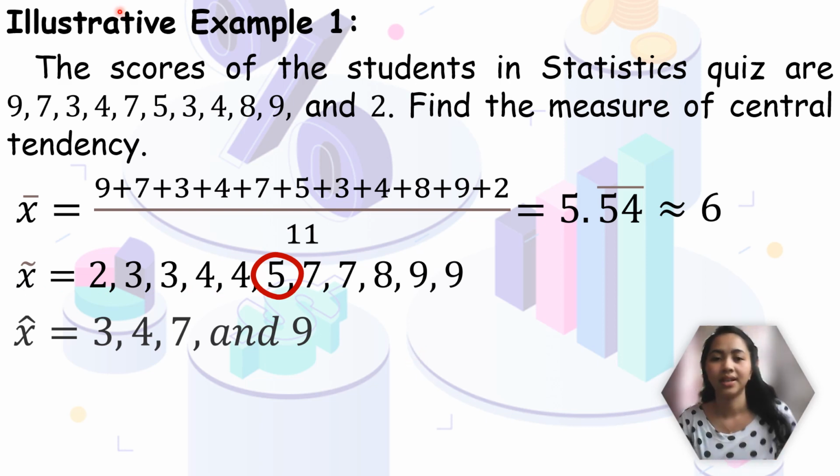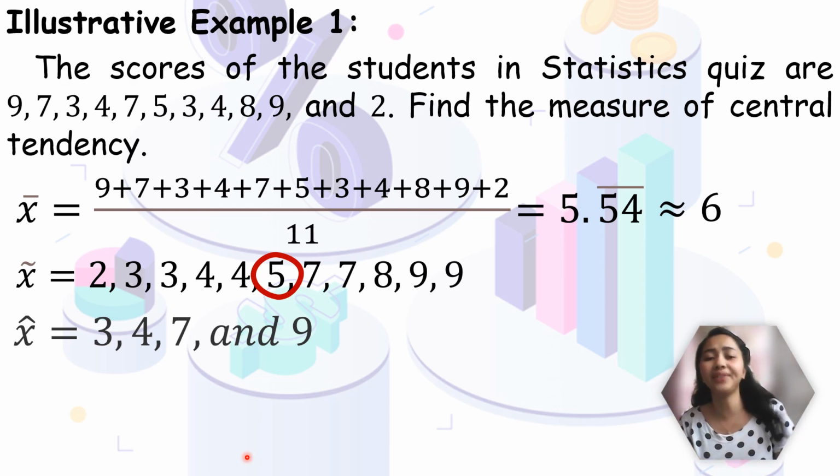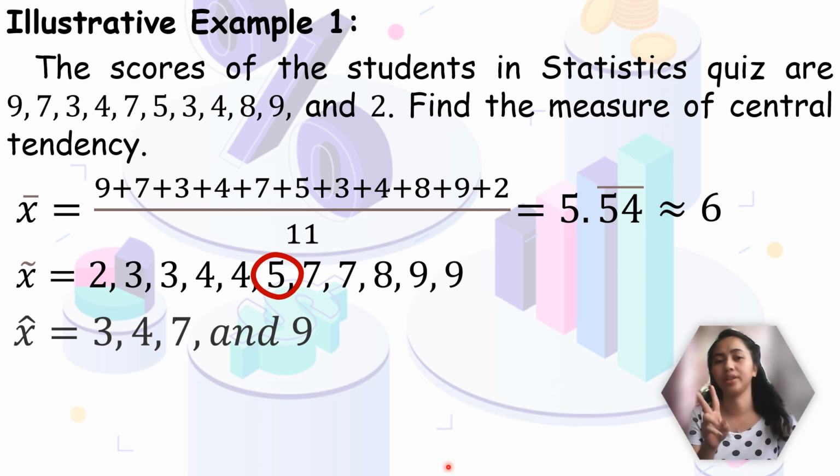Okay? Now, let's have finding range. When we say range, that is the difference between the highest and lowest among the given elements. Which is the highest? Yes, that is 9. So let me have the second question.